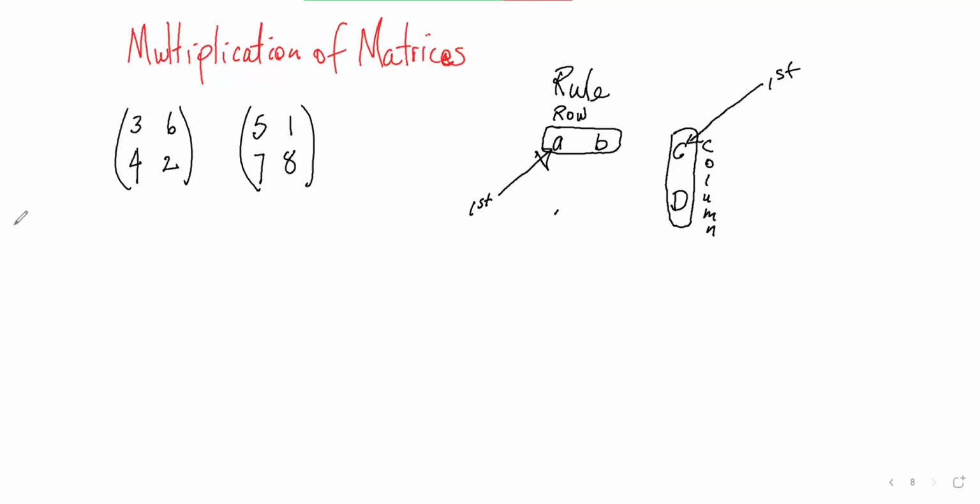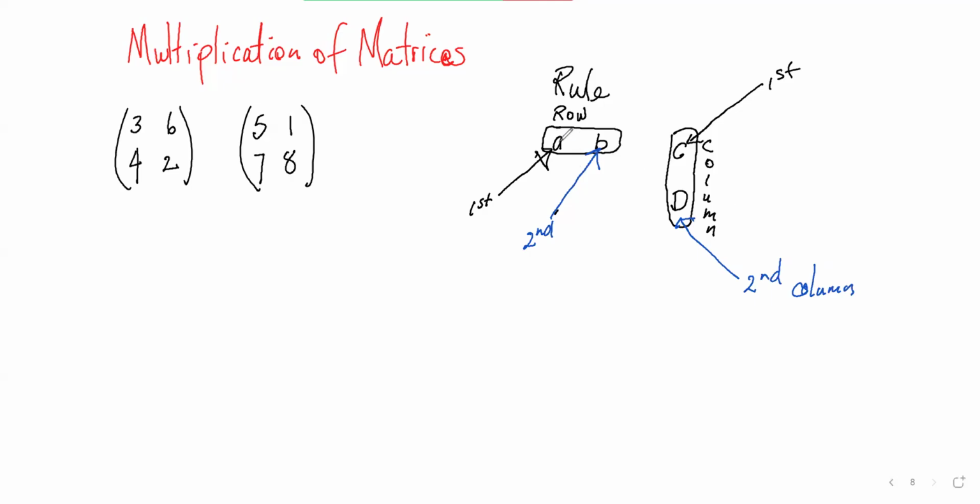Then we're going to multiply our second element by the element in the second column. Let's go over that again.